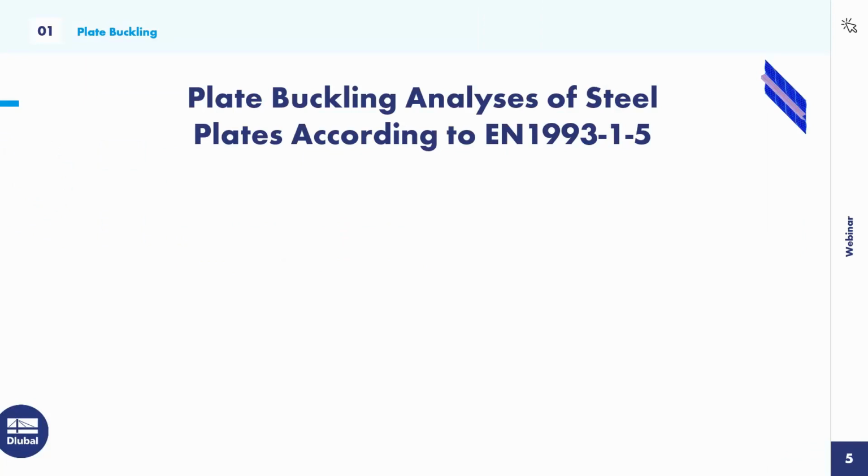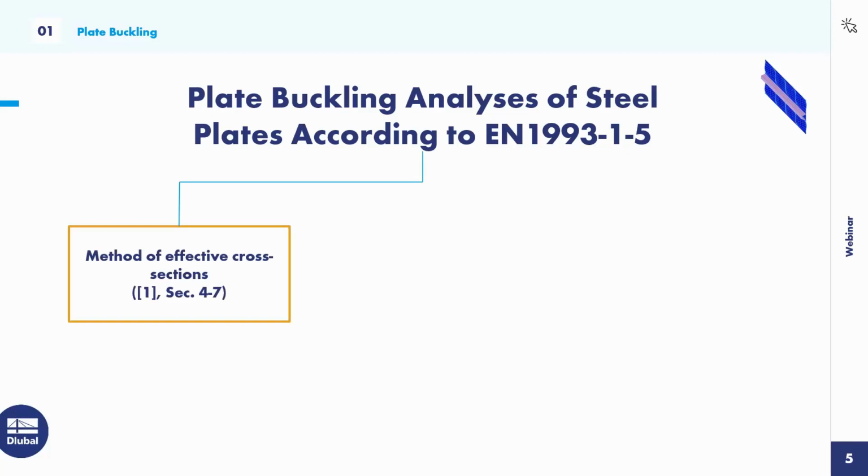First part, plate buckling analysis of steel plates according to Eurocode 3, part 5. There are 3 methods implemented. The first is the method of effective cross sections according to section 4.2.7.